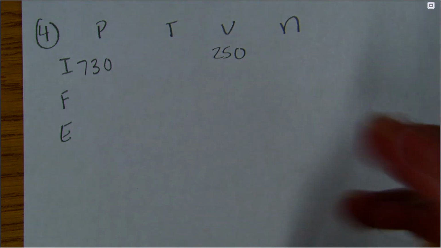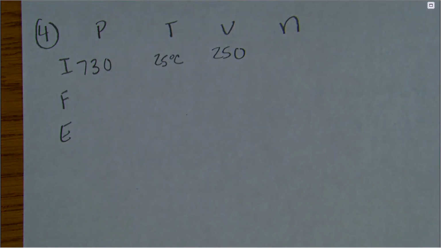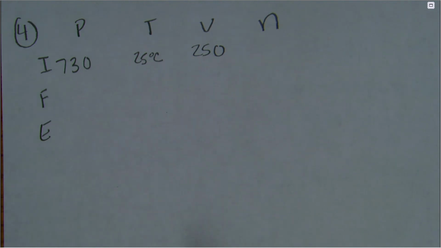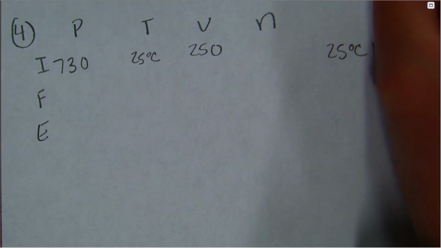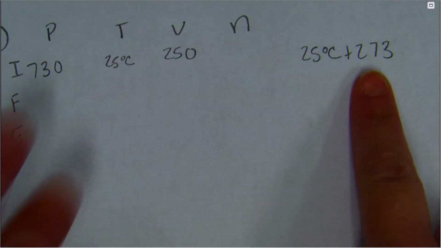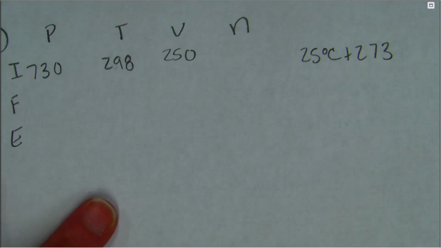My problem gives me a temperature of 25 degrees Celsius. Now, when we solve gas problems, we must use Kelvin. So we have to convert 25 degrees Celsius into Kelvin by adding 273. So when we do that, we find 298 Kelvin. Temperature has to be in Kelvin.